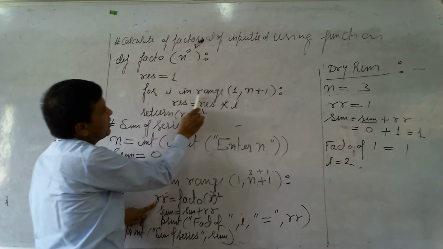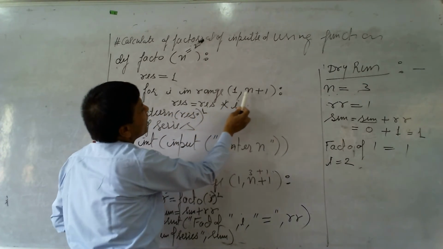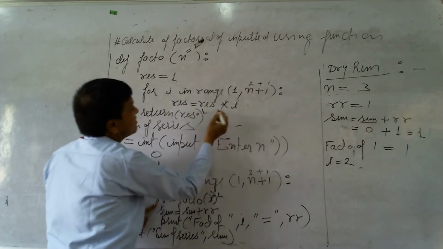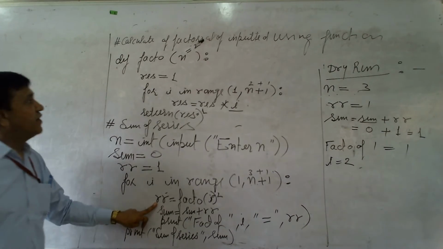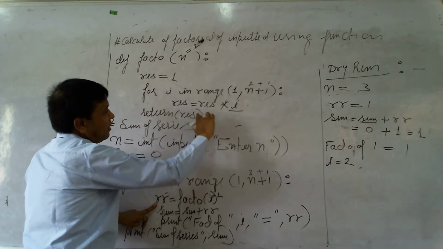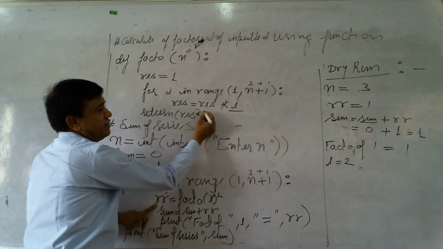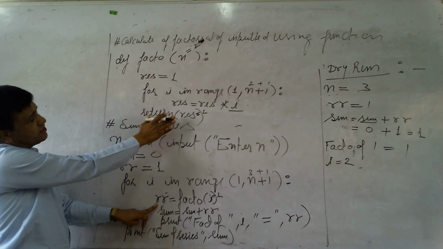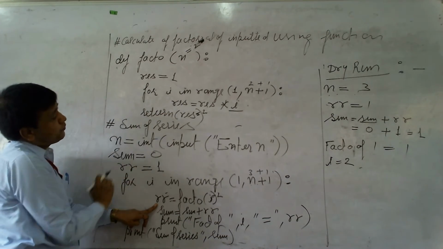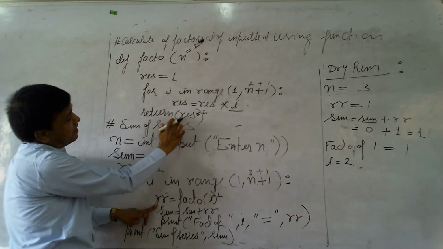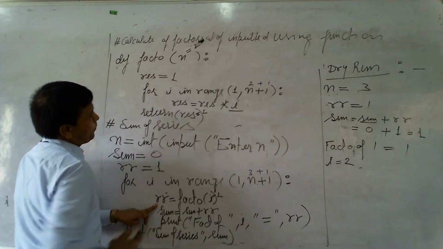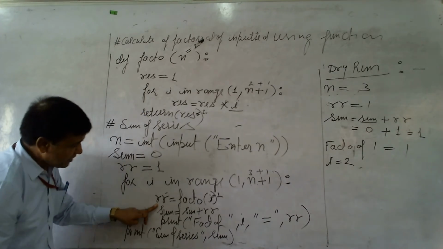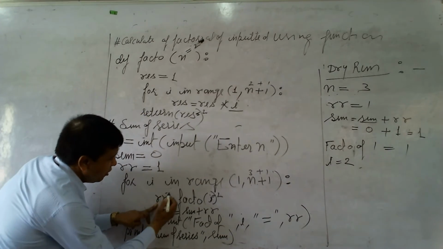Now this for loop will execute for I equal to n plus 1, then it means 2 plus 1, and this will calculate the factorial of 2. And as we know, factorial of 2 is again 2. After executing this function, we'll get the value in RES as 2. After this execution of this statement, the program goes back to this. Now RR will have 2.